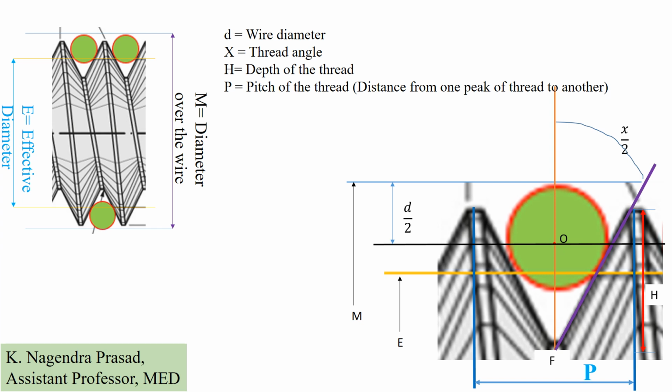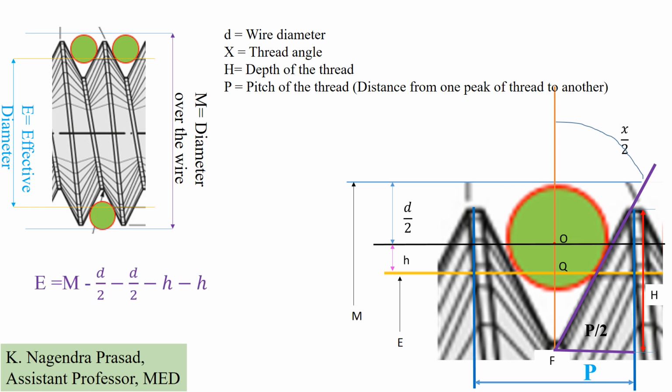It intersects the vertical line at Q. Consider h as the distance between the effective diameter and the center of the wire, and here P by 2 is the distance between the crest and root.